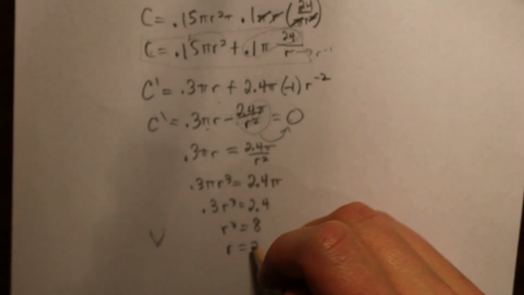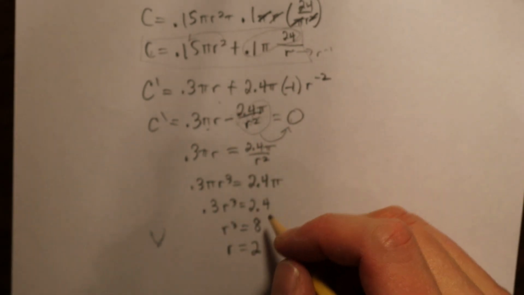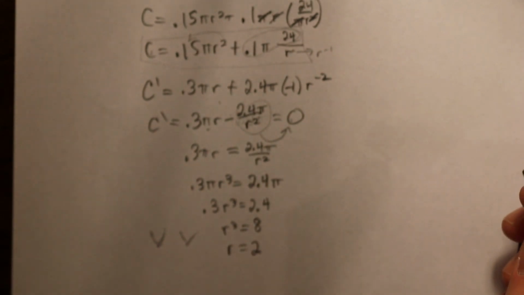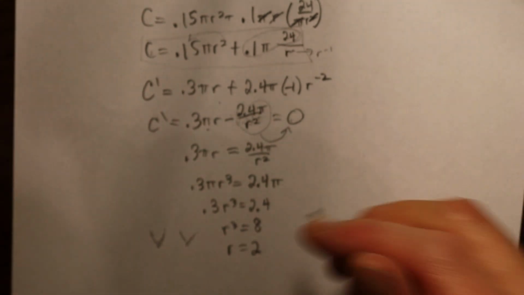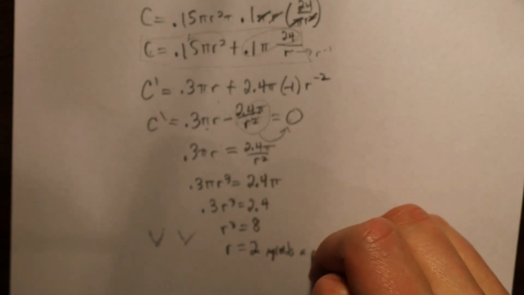Another way would be to plug like 1 into the first derivative and 3 into the first derivative and see if we are changing from a negative result to a positive result. I really don't care which way you do it. You should do one of the two. I'm going to leave it up to you. But you should find that this yields a min.